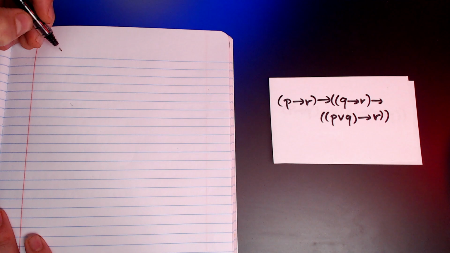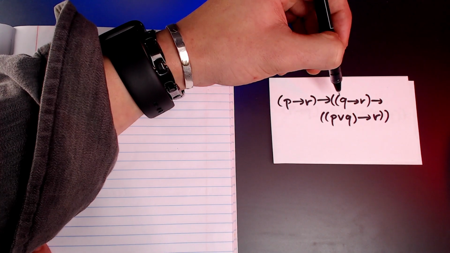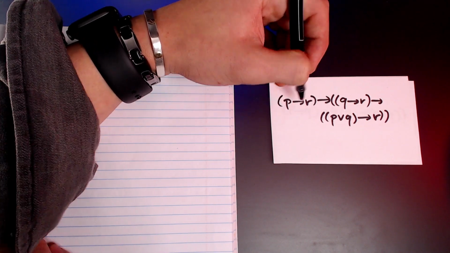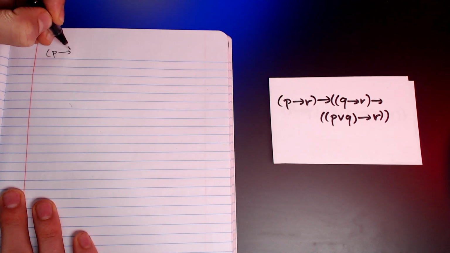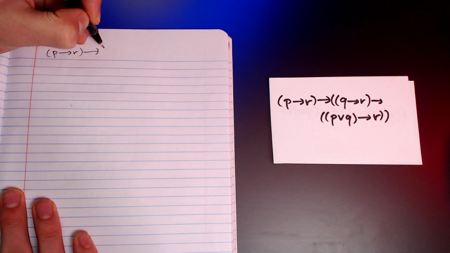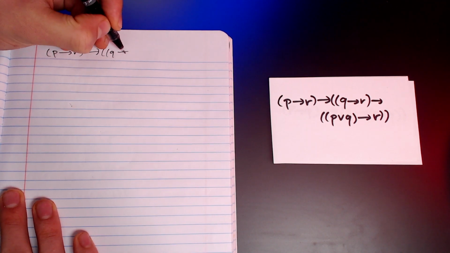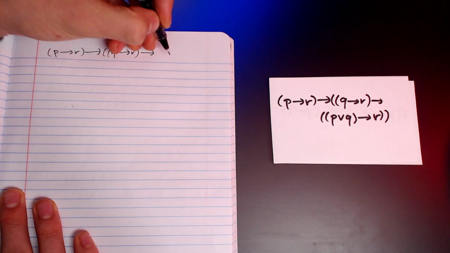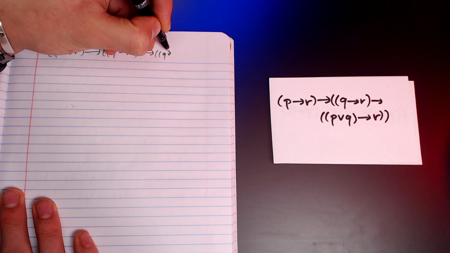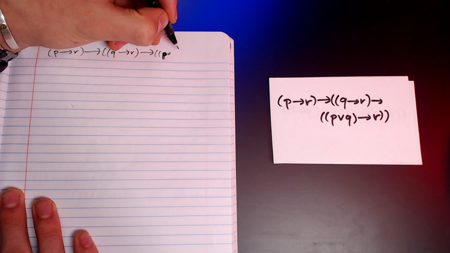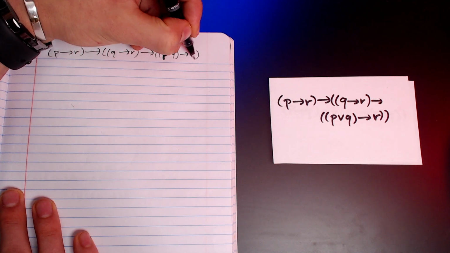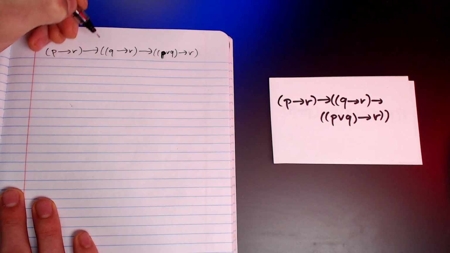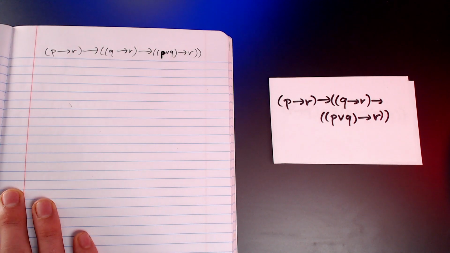So let's get started here. First thing we want to prove is probably this outermost one. Let's write it. I'm going to copy that down. P implies R implies that Q implies R would imply that P or Q implies R. So another one there.